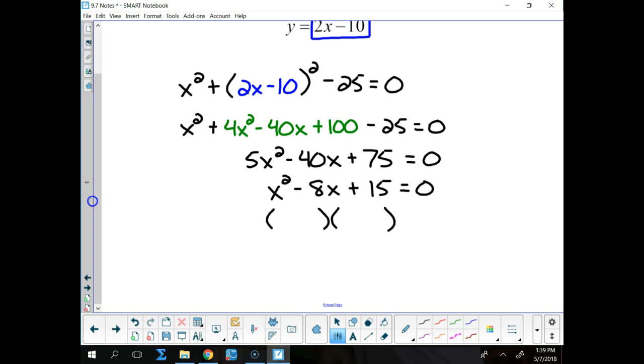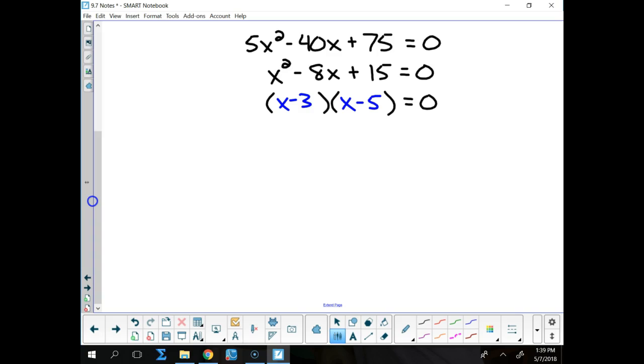Factor gives me x minus 3, x minus 5. Tells me x minus 3 equals 0, x minus 5 equals 0. So x is going to be 3 or 5.